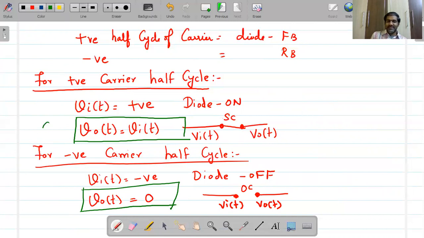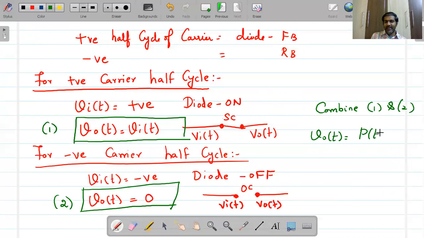So let me call this equation 1 and this equation 2. Now I'm trying to combine equations 1 and 2. How can I combine? V naught of t is equal to P of t times VA of t. During my positive half, VA of t is positive, so I can say P of t is equal to 1.